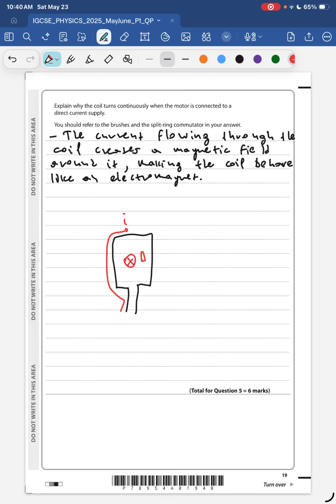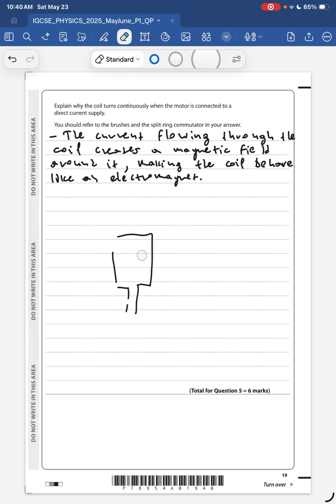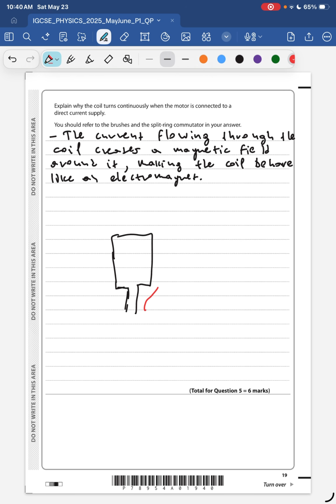If the current is instead flowing in the opposite direction, then if you curl your fingers around I, you will see that your thumb points outwards.